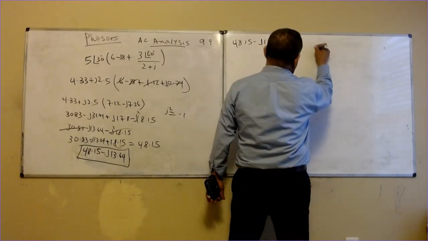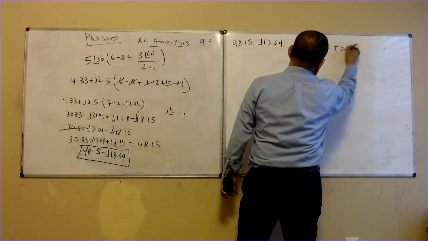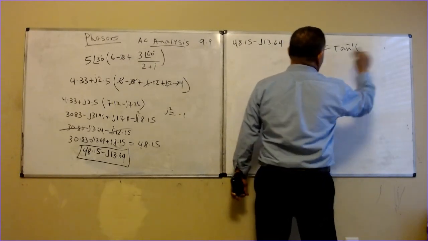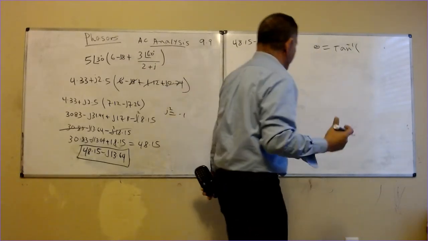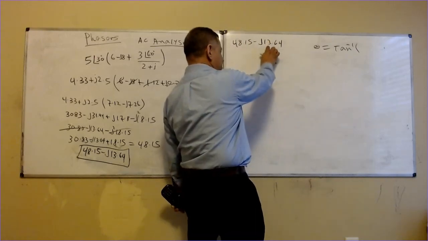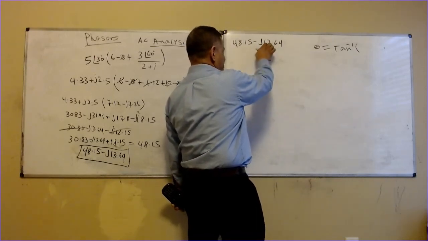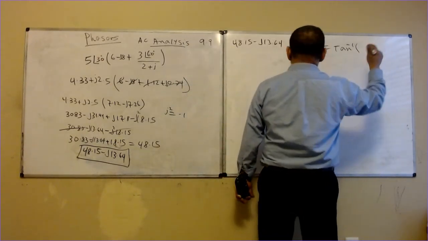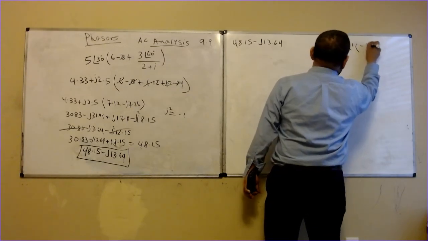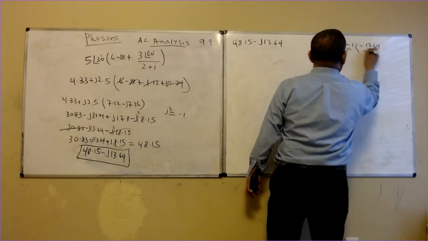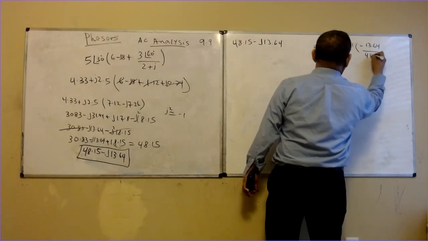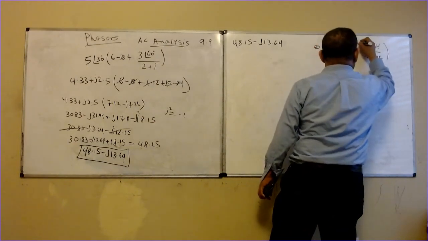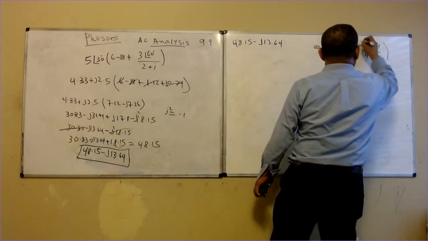So we use theta is equal to tangent inverse of y over x, right? This represents the sine and this is the cosine. So might as well do y over x, or sine over cosine. So it's going to be negative 13.64 over 48.15, right? And that is going to give me the angle that I'm looking for.